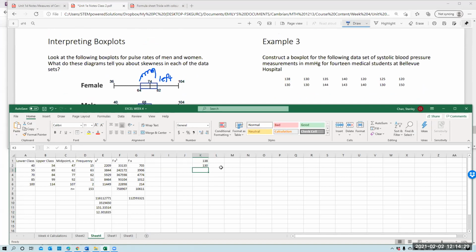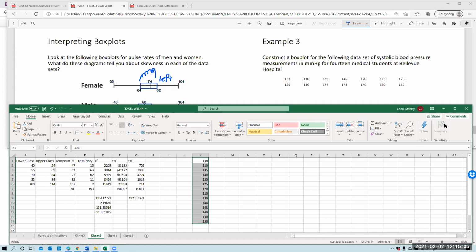So I'd enter all of the blood pressures for these medical students, and I would sort it in Excel from least to greatest: 125, 120, 130, 130, 144, 143, 140, 130, 150. Okay, so that's how I would get Excel to sort this.